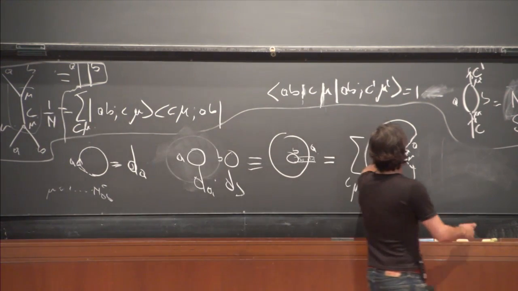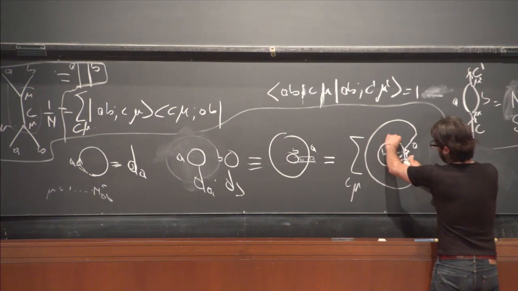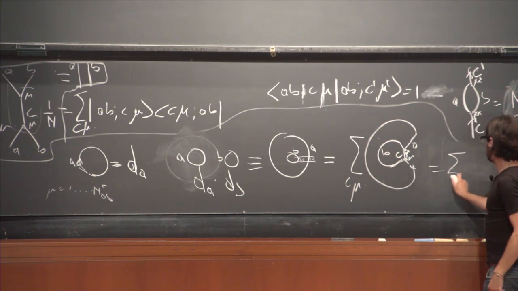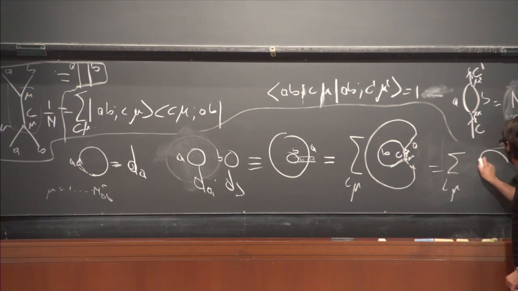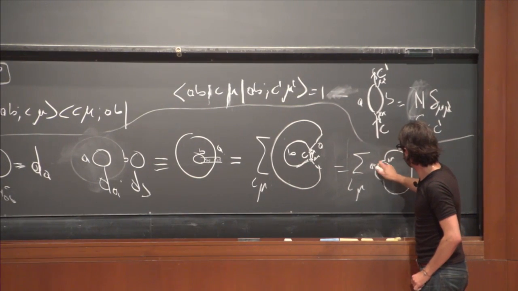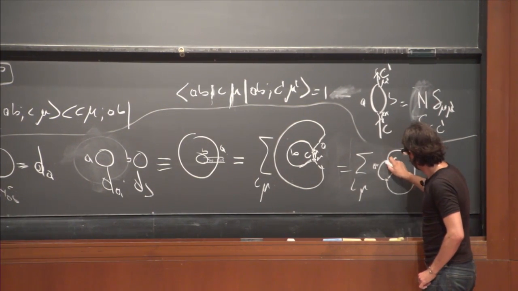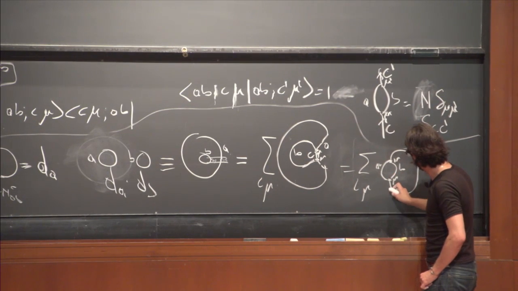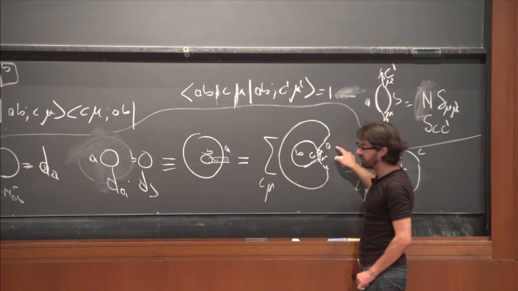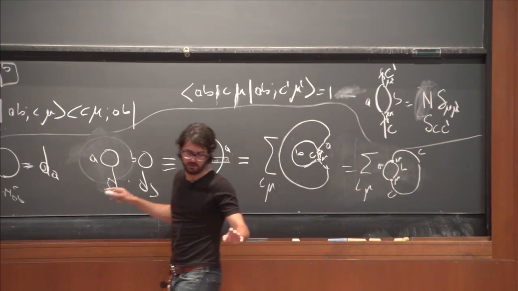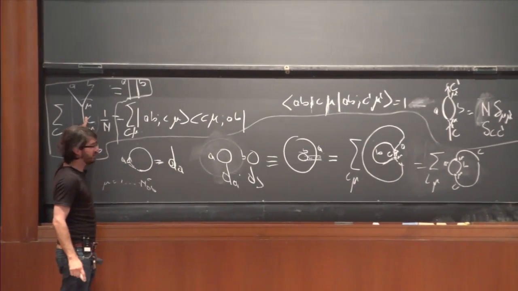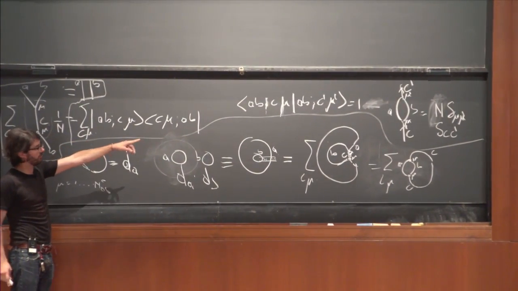Okay? But now if you have this, you can just take it around like this. You can just take these endpoints and move them here. This is just the sum over C and mu of C, mu, A, B, mu, C. And there's a norm that I forgot, and I'm going to forget about norms, because whenever I use the completeness relation, I'm then going to use the orthonormality relation.